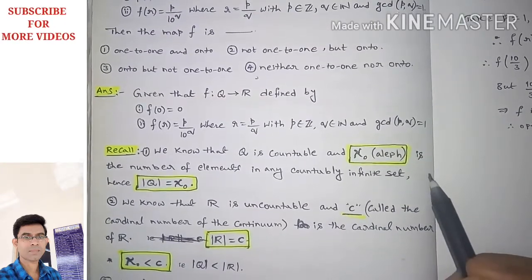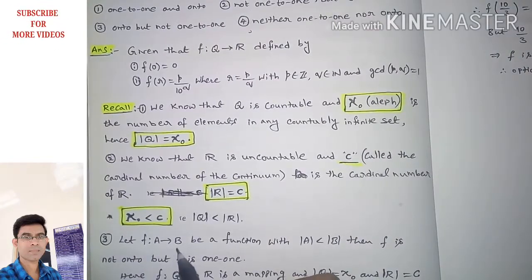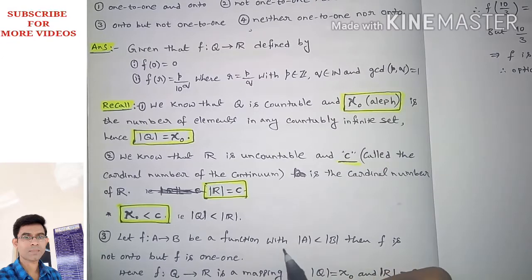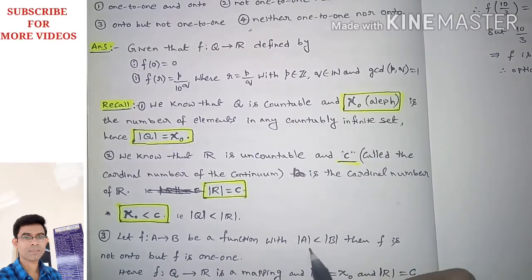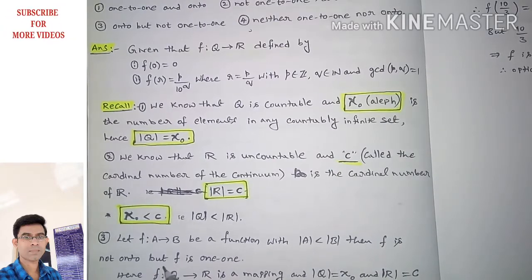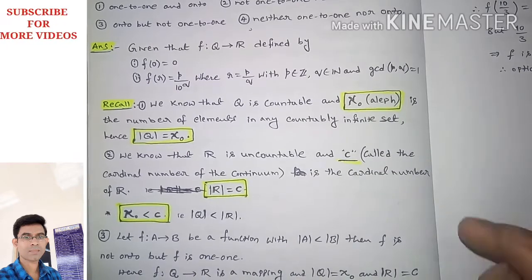Okay, and another result we have: if f is a mapping from A to B, where A and B are two sets, be a function with cardinality of A strictly less than cardinality of B, then f is not onto but f is 1-1. So we will use these results to solve this given problem.